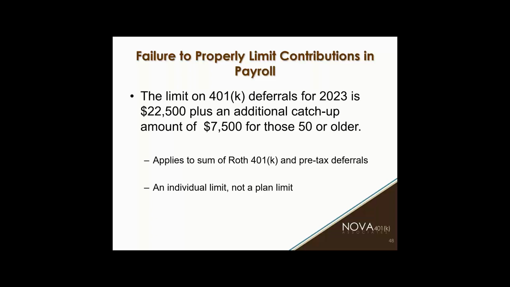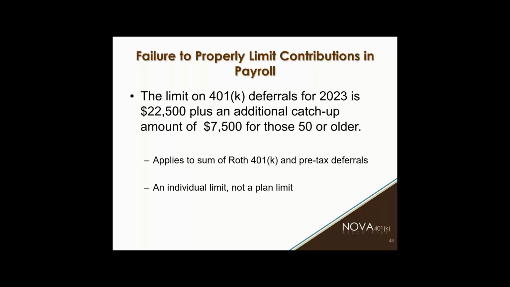The limit on 401k deferrals, the employee contributions, has gone up this year, if you're not aware, to $22,500 for somebody that's under the age of 50, and somebody that's 50 or older during this year can put an additional $7,500 in.